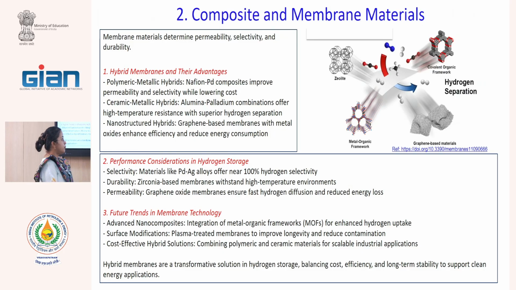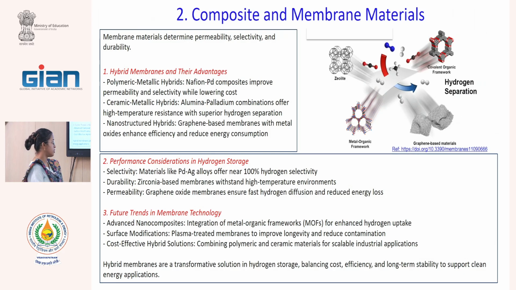You can have MOF also, you can have graphene-based materials also to be inserted into your polymeric or ceramic membranes. But what are the factors that you should keep in mind before choosing the material that you can use in your composites? You can have very high selectivity, you should aim for a selectivity like 100%.